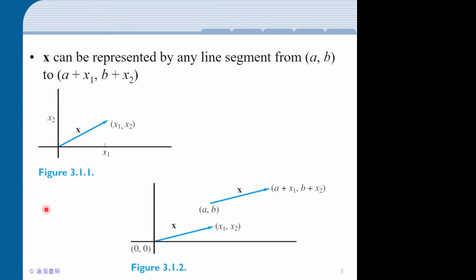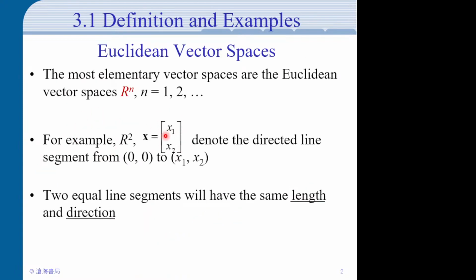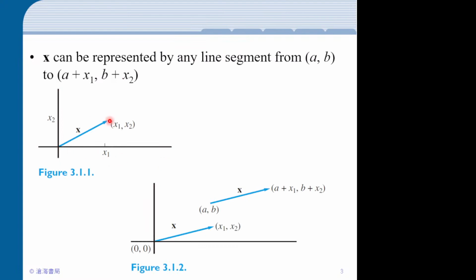So you have a two-dimensional plane, and then you have vectors starting from somewhere and ending somewhere. Okay? So maybe from 0 to x1, x2. So we can have a vector corresponding to these two values x1 and x2, and it's just drawn like this.